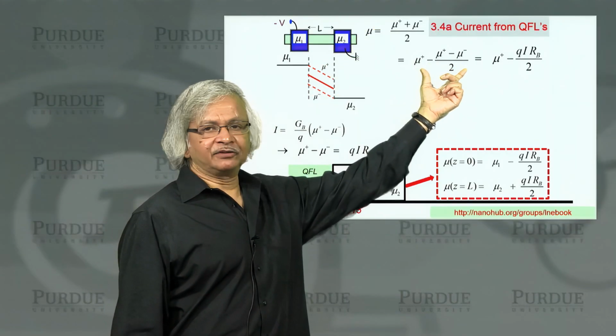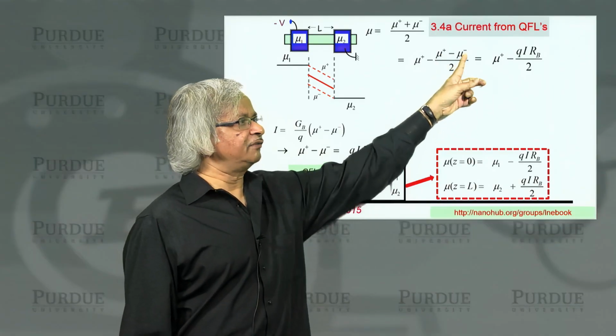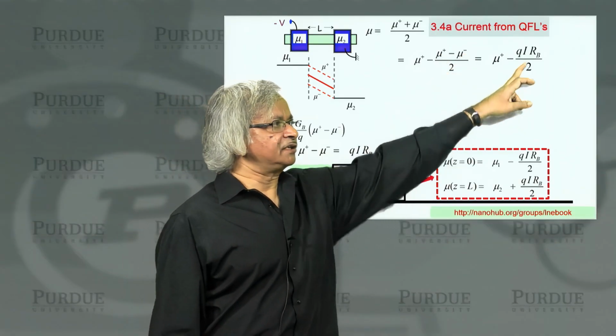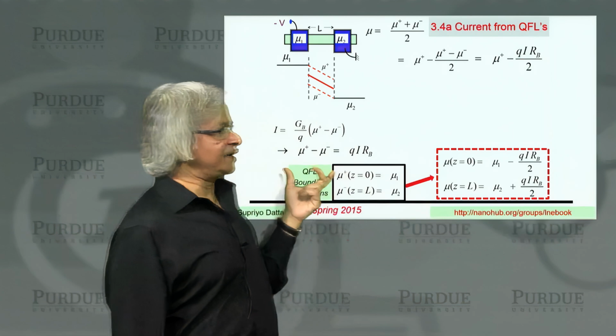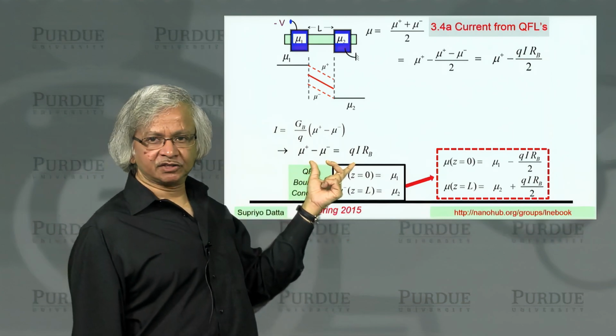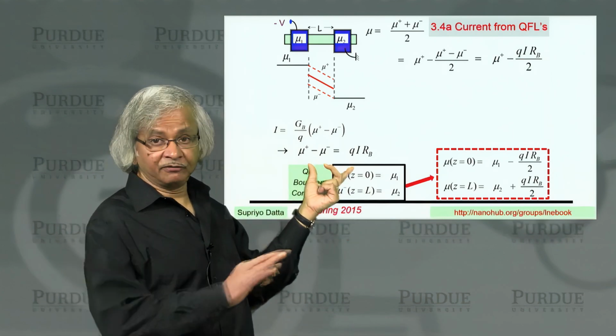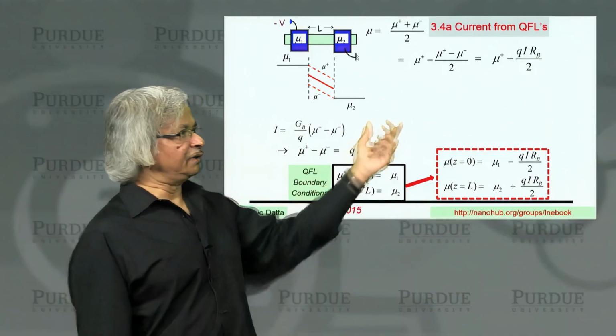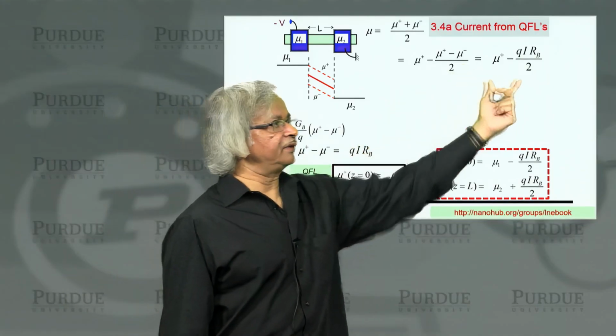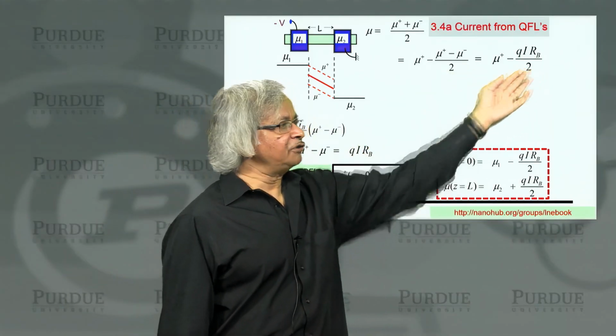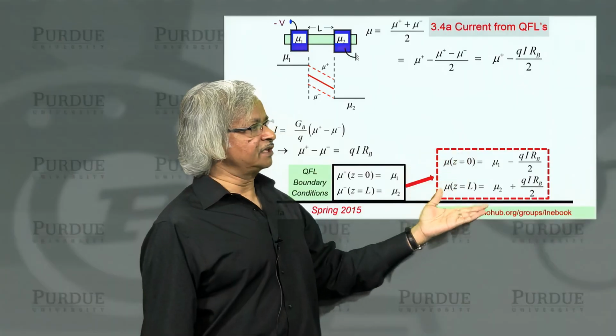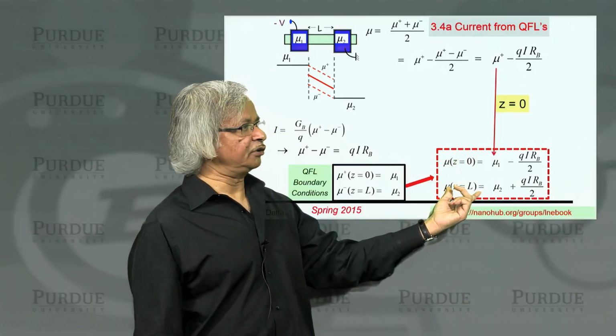And of course, once you have this, you could take this quasi-Fermi level difference and express it in terms of the current. That makes use of the relation we just talked about, which we haven't yet proved, but we'll come to that. But if you accept it, then you see that could be written in this form. And now you see, we immediately have the boundary condition we are looking for.